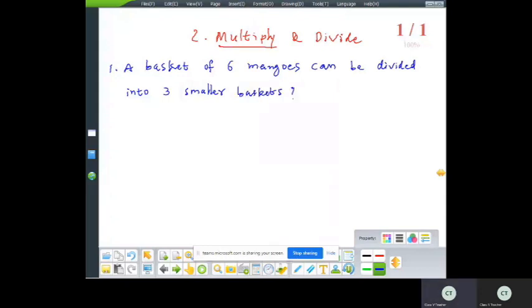This is the question. A basket of 6 mangoes can be divided into three smaller baskets. How many mangoes are there in the basket?